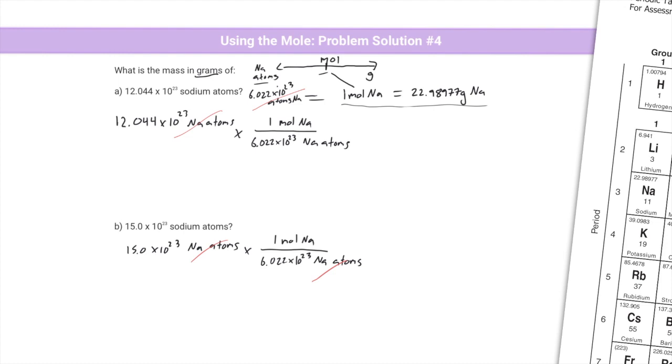Now I need to get myself all the way to grams. And that's where I can use the conversion factor I originally wrote. I know that moles must now go on bottom. Where 1 mole equals my molar mass.